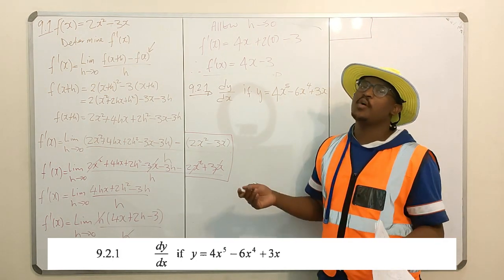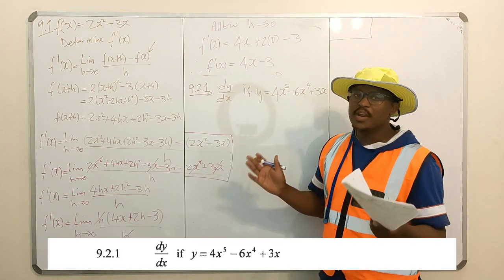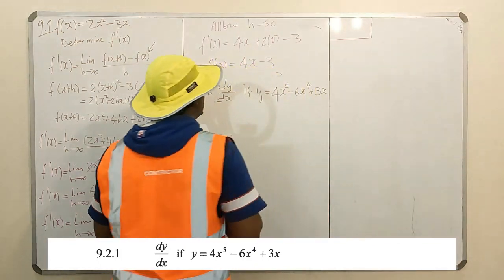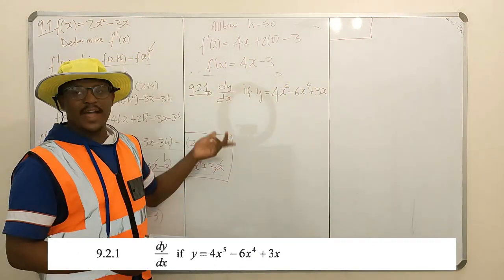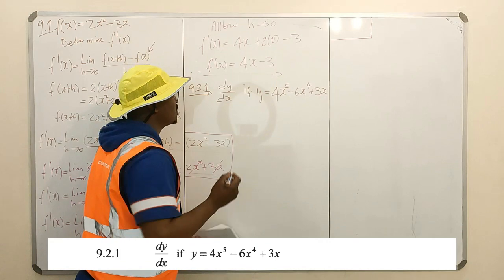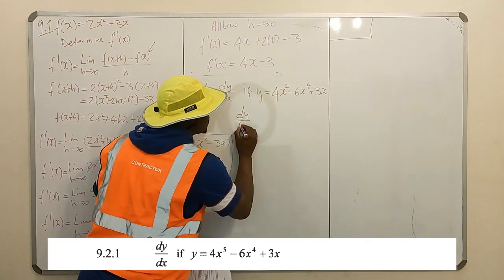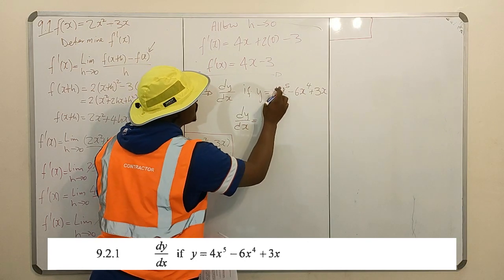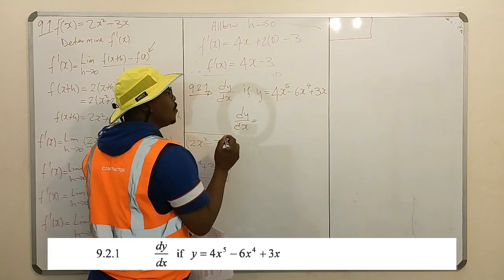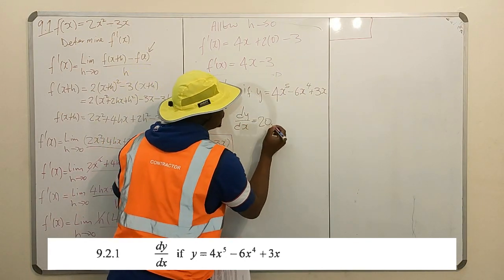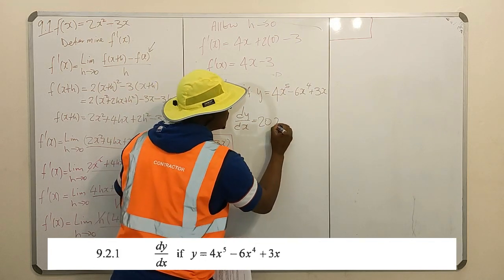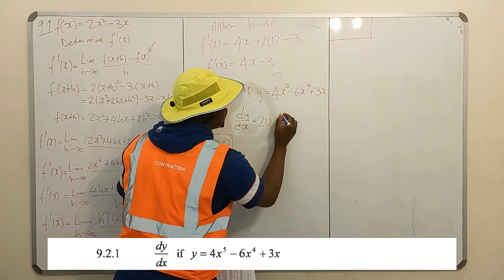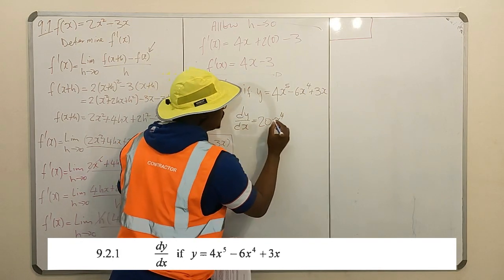This is the easiest. You are praying for this. You're always praying for something like this. So you want to derive y with respect to x. The derivative of y with respect to x is equal to, what is the derivative of this? 5 times 4. What is 5 times 4? It's 20. Then you subtract 1 from the exponent, which is 4, right?